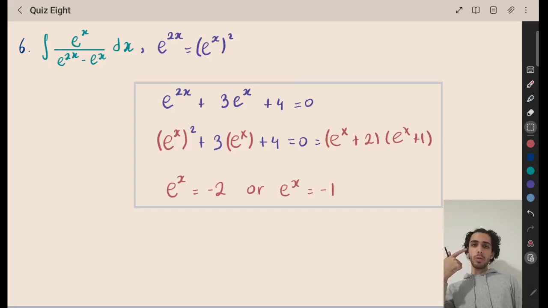People usually do not notice that e to the 2x is e to the x squared. This is very, very powerful. I just came up with an exercise where this might be useful. I don't think you'll see this exercise anywhere, where you have to deal with e to the x like a polynomial in terms of it, and you try to solve it.